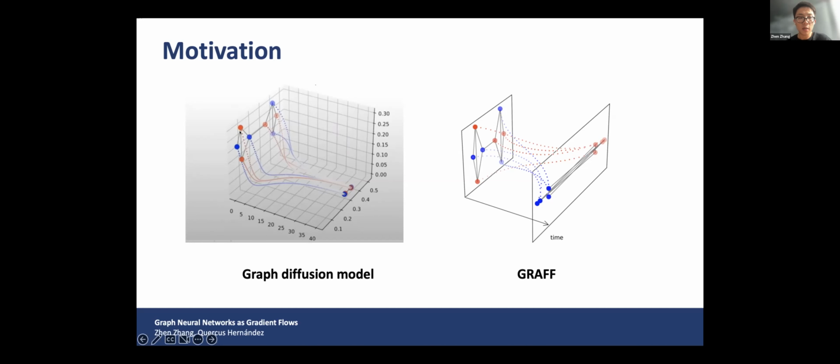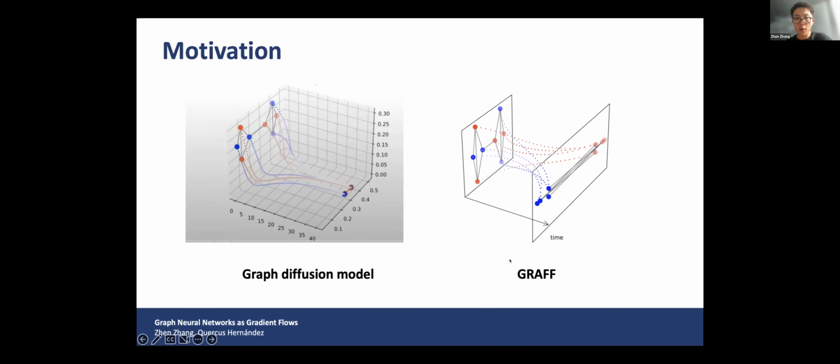So basically here in your input you have 8 nodes, but as time evolves, or as you stack more and more layers, they collapse into basically two nodes, and the only information they retain at the last layer is the node degree information.